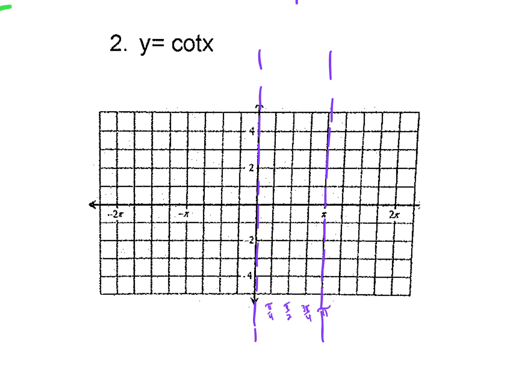Similarly to the tangent graph, our middle goes right through the x-axis at 0. So at pi over 2, we're going to be at 0. The difference on this one as well is that it goes the opposite direction. So for the cotangent graph, it's going to go up to the left, and then it's going to fall to the right.